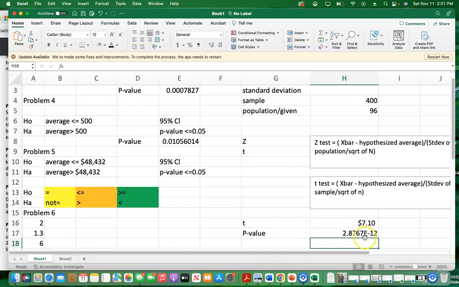Here we have this exponential, meaning that we are going to have 12 zeros, and then you get this value. So it's very, very small, 12 zeros, and then 28767. So the p-value is 0.00.